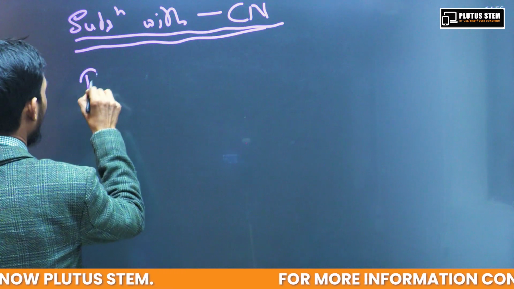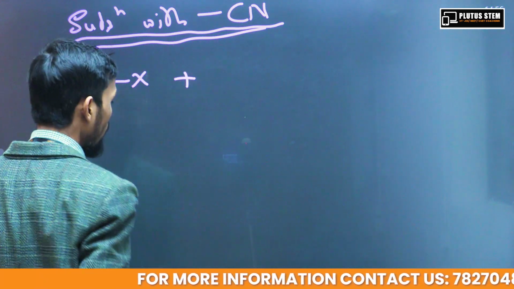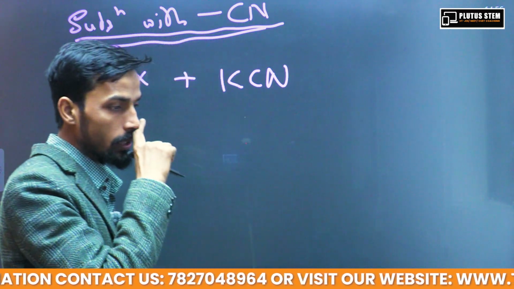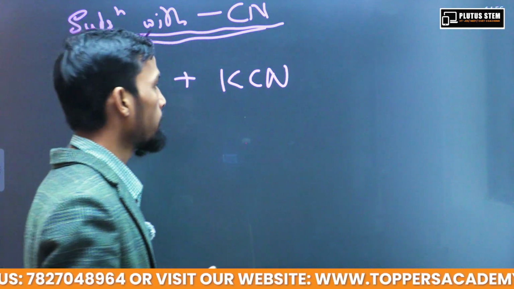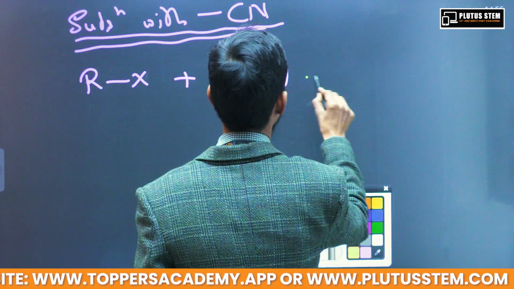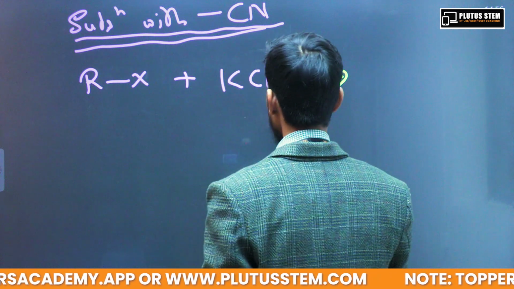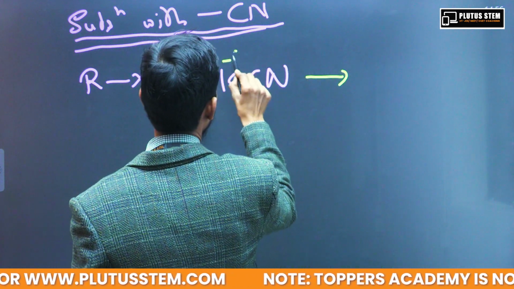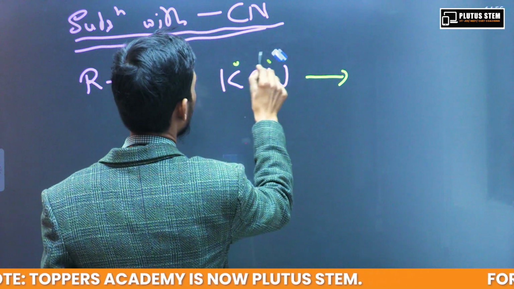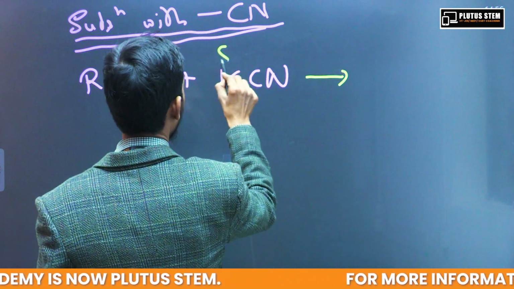When this is our RX, when it reacts with KCN, what is the product which we are going to get over here? We will be getting this KCN, again negative charge, and this is having a partial positive charge.